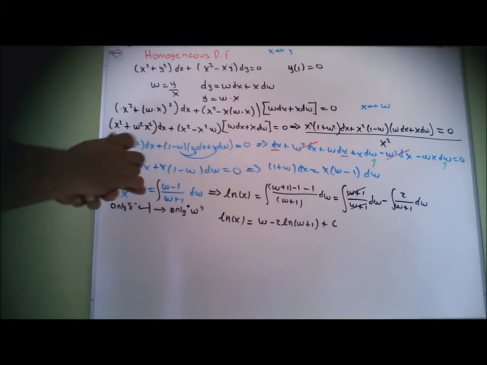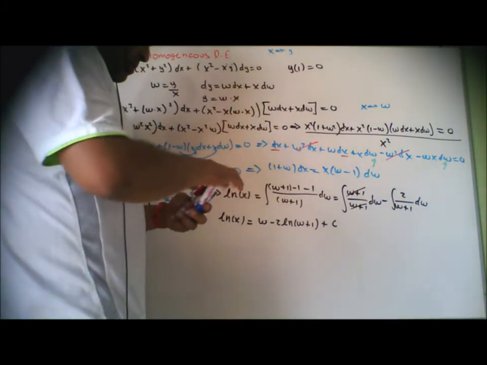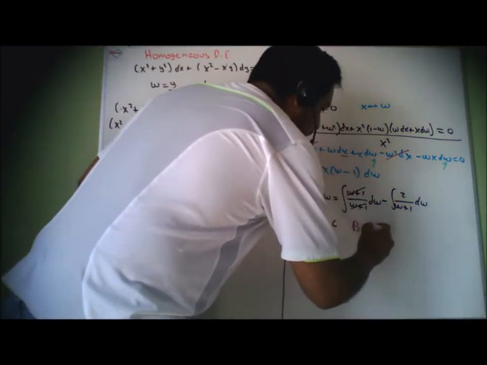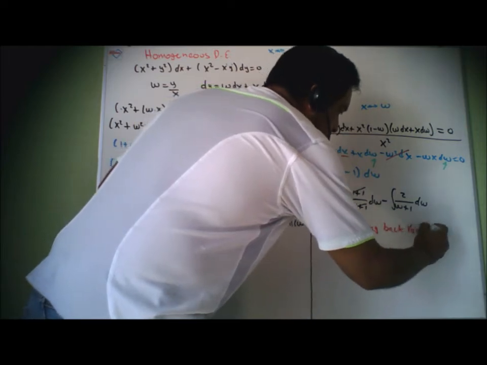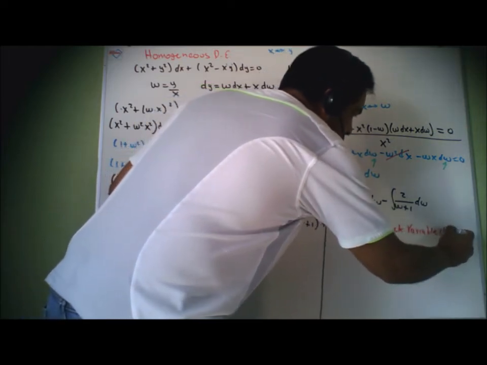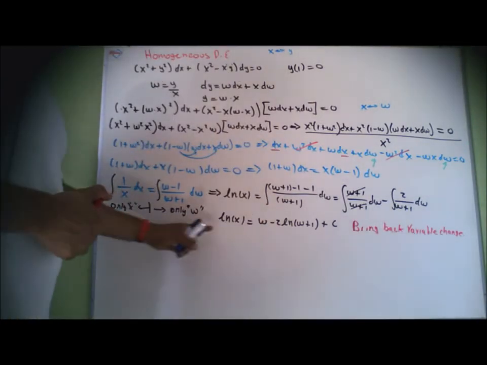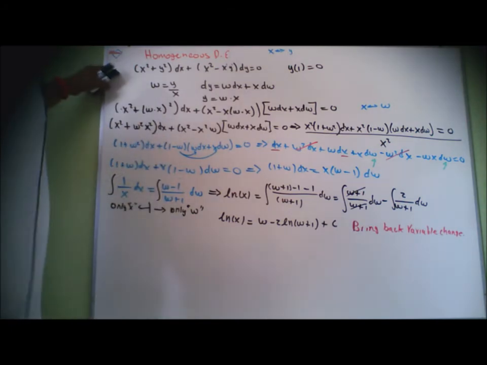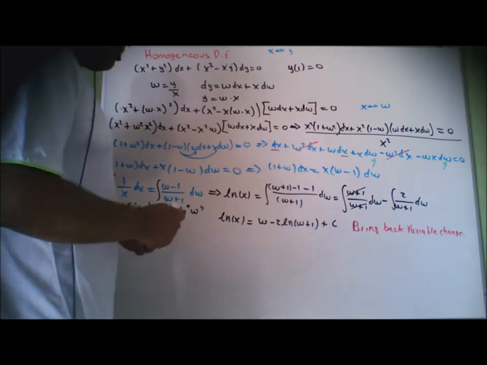So what you have to do is to bring back the variable change. A common mistake from the students is that they finish here and that's it, and they forget to bring back the variable change. So don't do that. Don't forget to bring back the variable change.